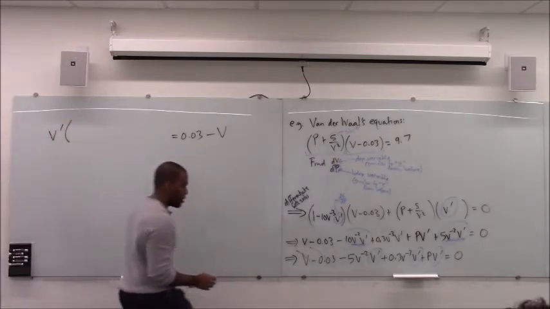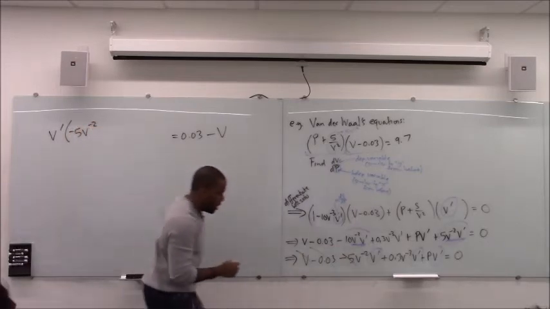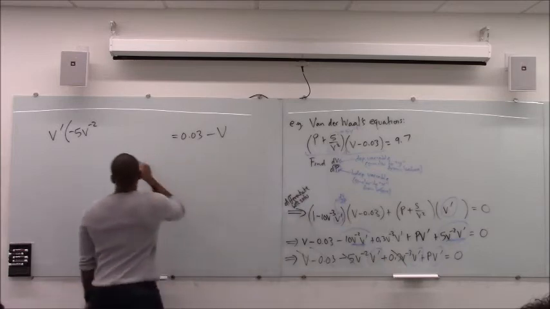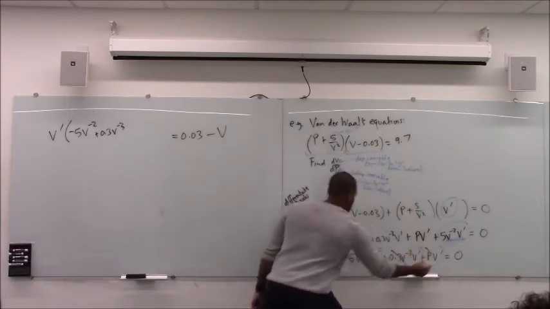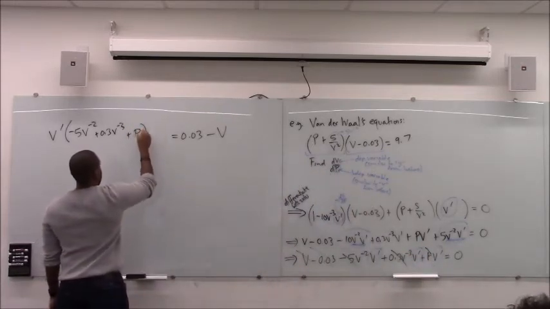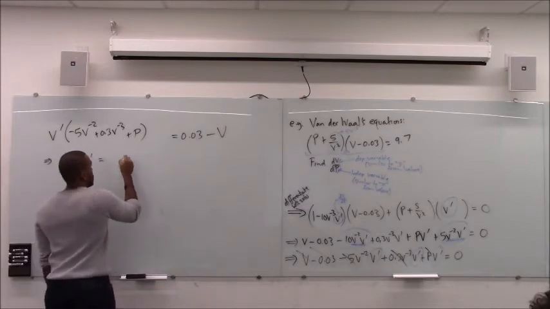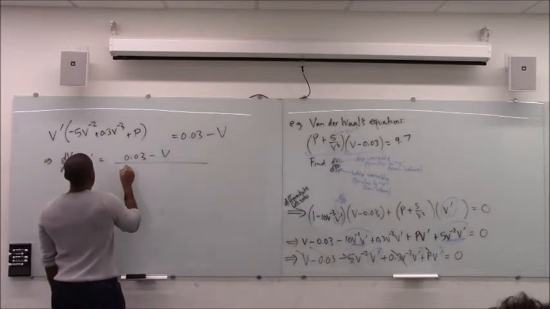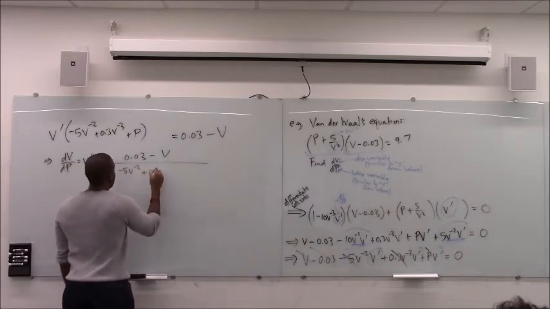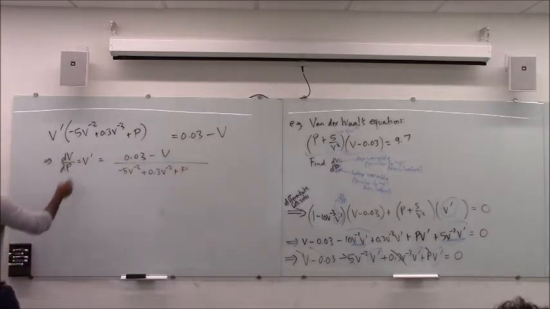And I'd be left with minus 5v squared, v to the minus 2, and 0.3v to the minus 3, and p. So then ultimately, my dv dp, or my v prime, is going to be equal to 0.03 minus v all over that, that would be your answer.